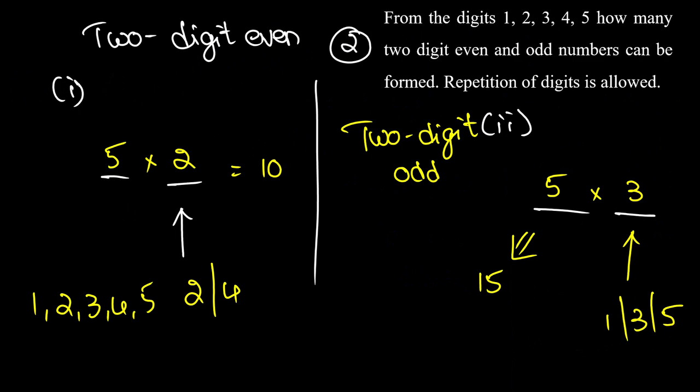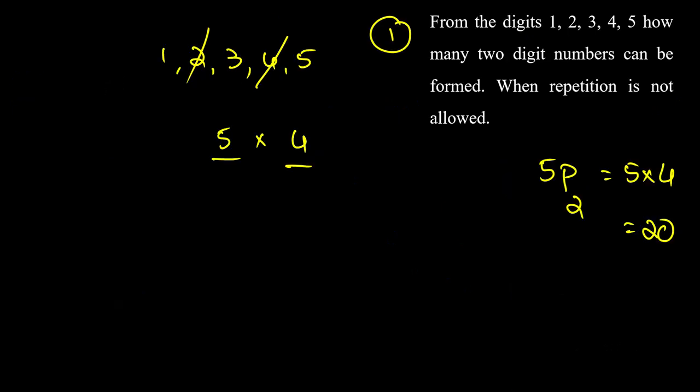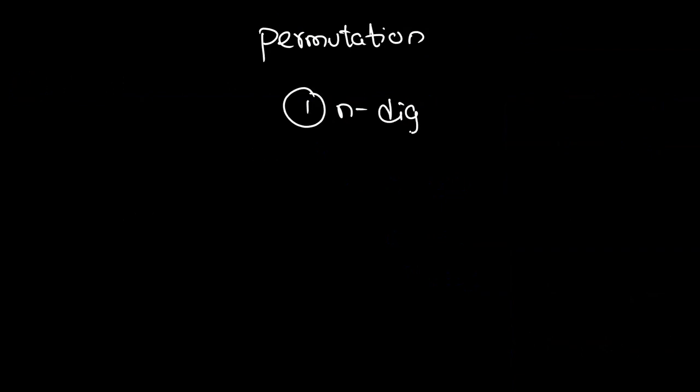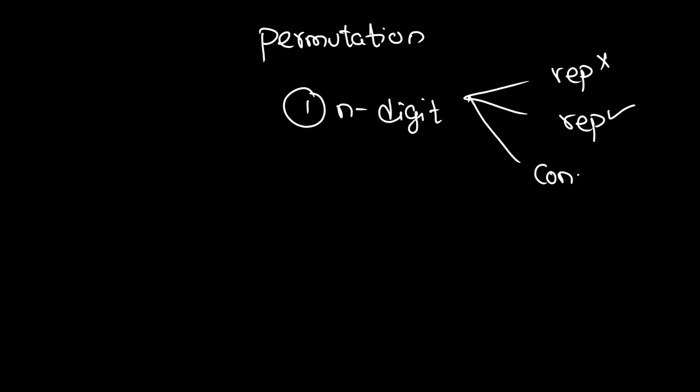In permutations, we are done with these cases: n-digit numbers with repetition, without repetition, with conditions, repetition not allowed, repetition allowed, and with certain conditions as well, like even number, odd number, divisible by 4.